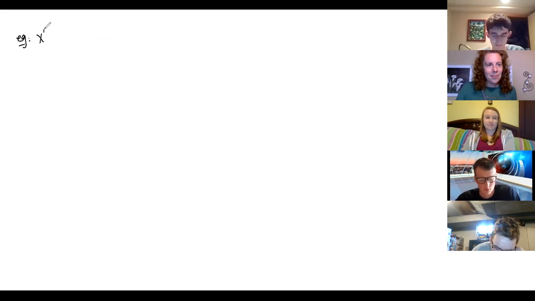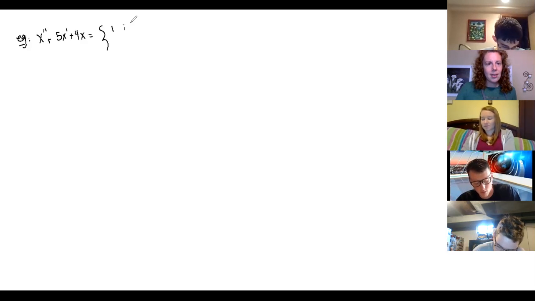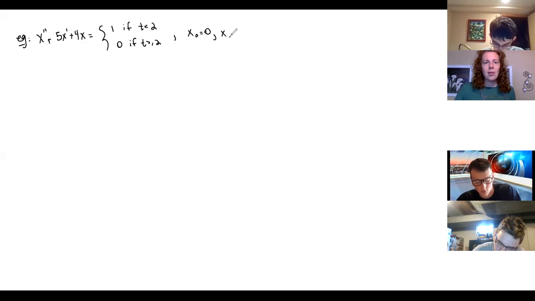X double prime plus 5x prime plus 4x equals 1 if t is less than 2, 0 if t is bigger than or equal to 2. And then I've got that x naught is 0 and x naught prime is 0. And we want to solve this.